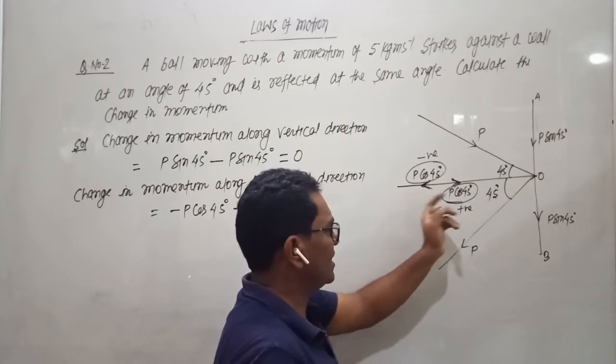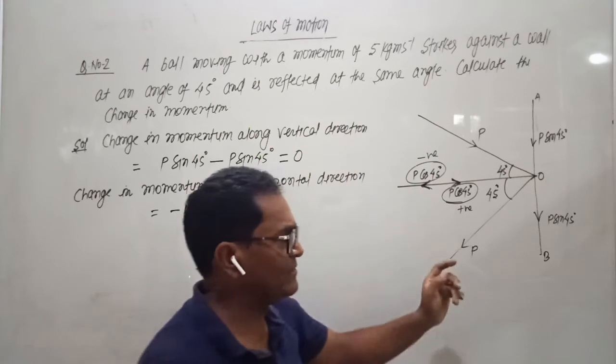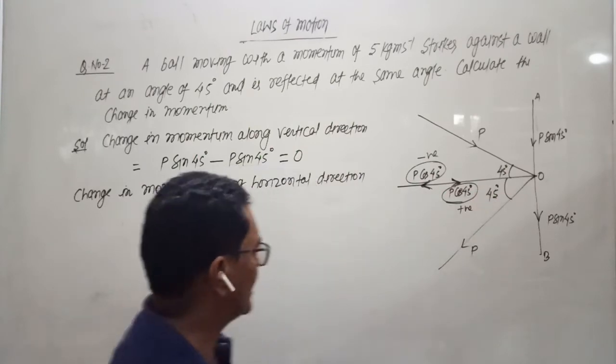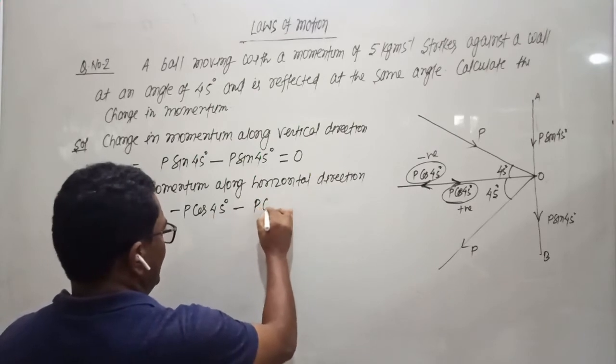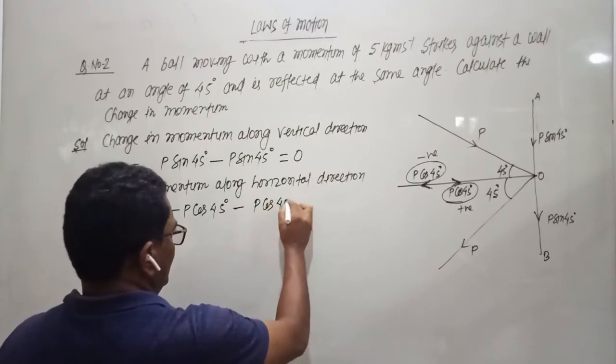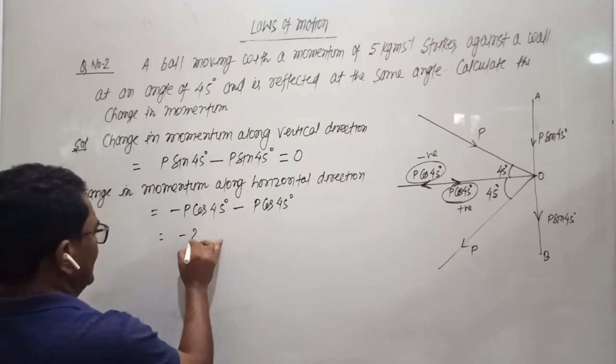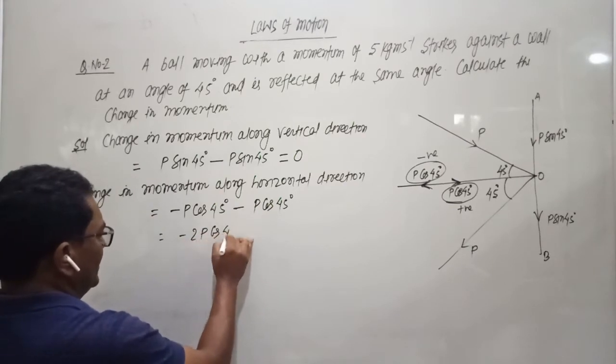When we take the outward direction as negative, the inward direction is taken as positive. So minus P cos 45 degrees and minus P cos 45 degrees, and that is minus 2P cos 45 degrees.